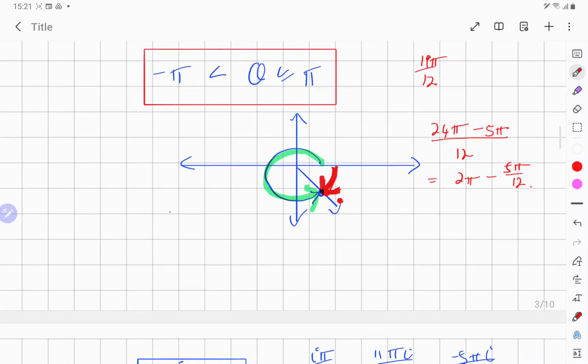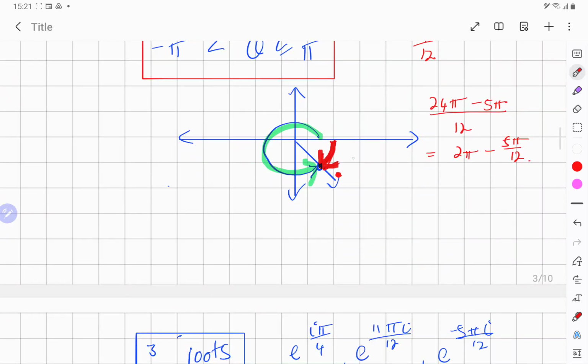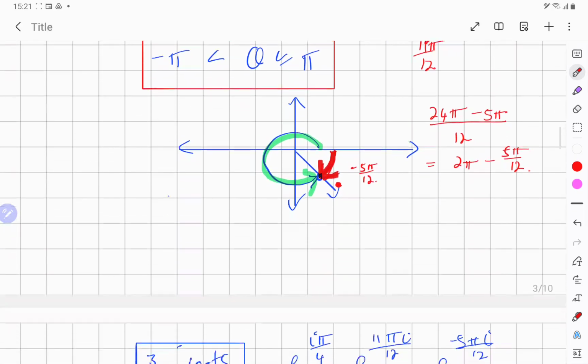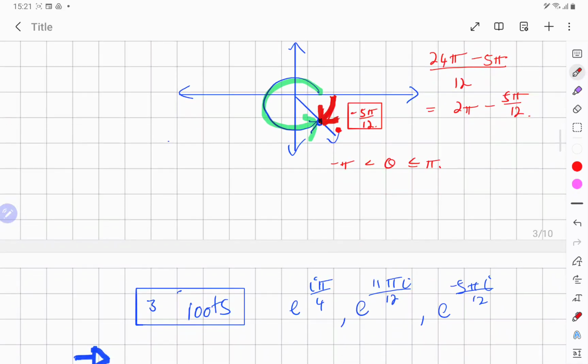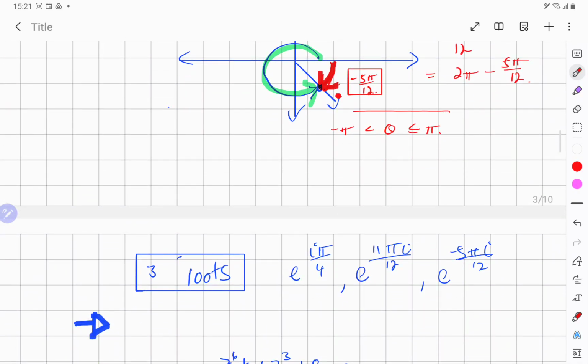So now, if you have negative 5 pi over 12, you want to know if it is in this range. And yes, it is, because minus 5 pi over 12 is just in between there.